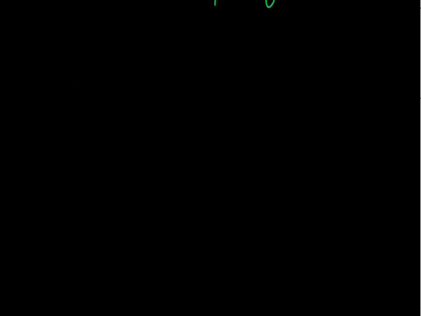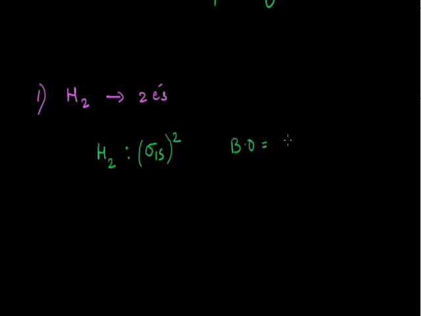Let us now see the energy level diagrams and the bond orders of some of the molecules. Starting from hydrogen. Hydrogen H2 molecule has 2 electrons in it. So if we write the configuration for H2, the configuration will be sigma 1s 2 and its bond order will be (2 minus 0) upon 2, which is equal to 1.